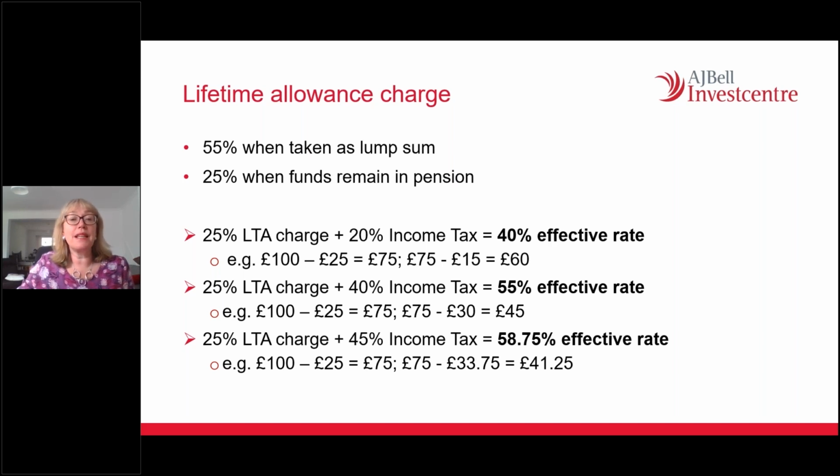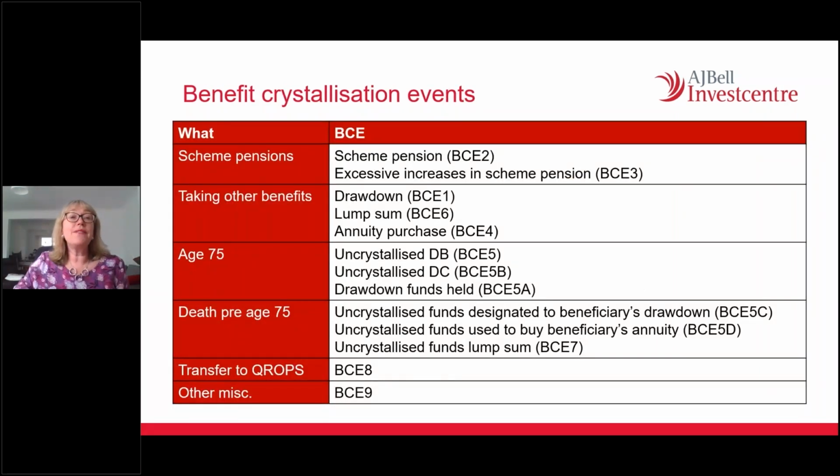For higher rate payers, it's a 55% effective rate, the same as if you took the money out as a lump sum. And if you're looking at an additional rate taxpayer, it's slightly more, it's 58.75%.